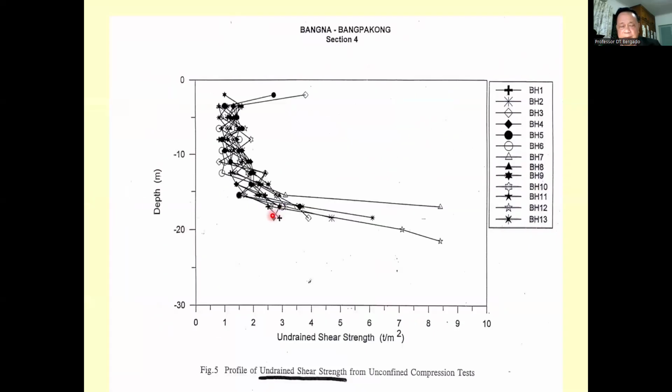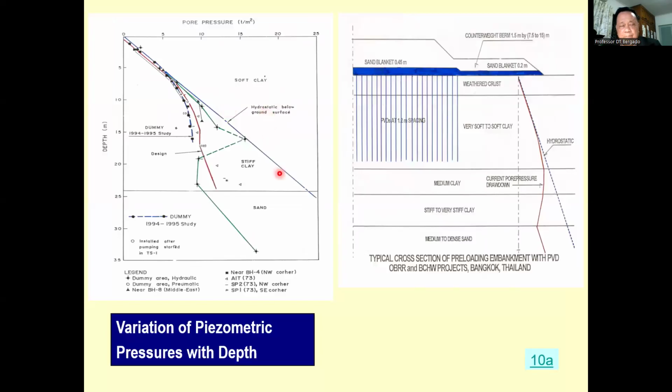This is the undrained shear strength with depth. The lowest one is around 10 kPa. There is a problem because of the withdrawal of water from the sand aquifer underlying the stiff clay and the soft clay. So there is a drawdown, and it reaches around 10 meter depth.